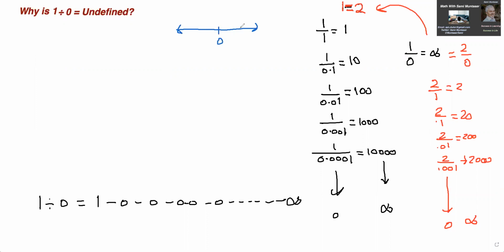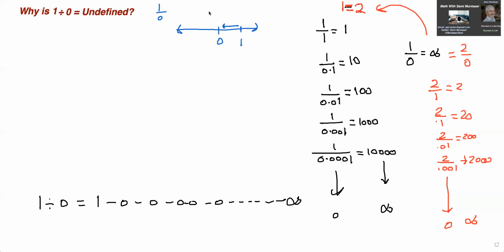If there's 1 right here and we're dividing 1 by 0, we started dividing by 1 first, and then we start approaching 0 from here. And the closer we get to 0, the bigger the number gets. And so when we get very close to 0, the number is going to get really huge, and then we go into positive infinity.